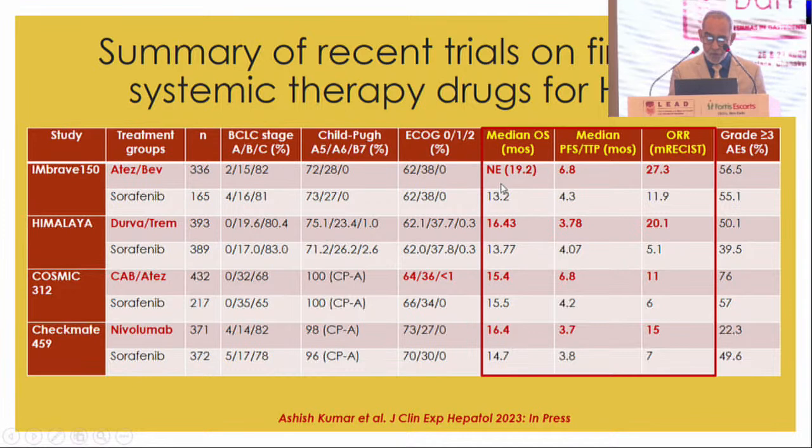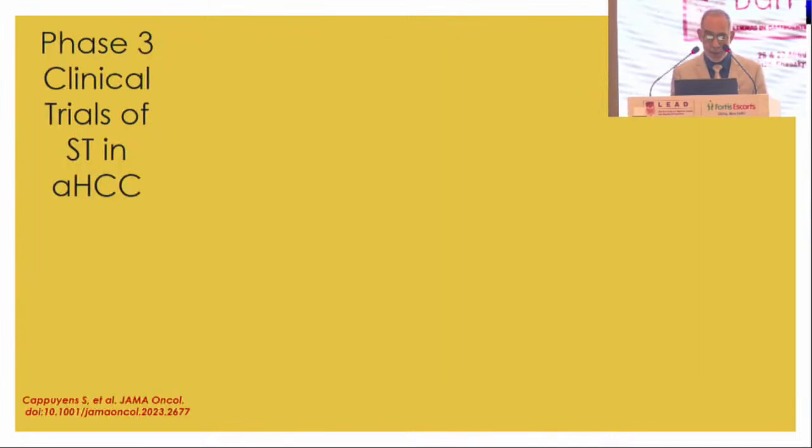For all of these, the median OS is somewhat similar, although atezo-bev is a bit ahead, as well as for the median progression-free survival. And as was just being discussed, nivolumab actually shows the lowest progression-free survival, and the objective response rates are relatively low with this as single therapy.